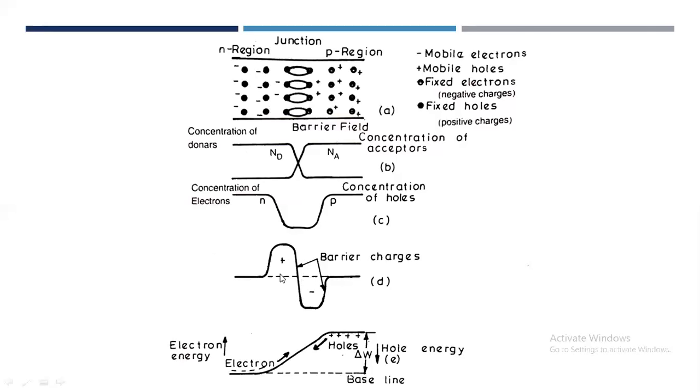You can see on the N region side it appears positive, and on the P region side it appears negative. The barrier that was at the junction in figure C is going to decrease in figure D.